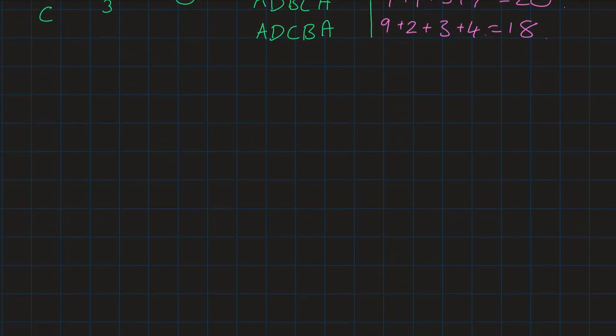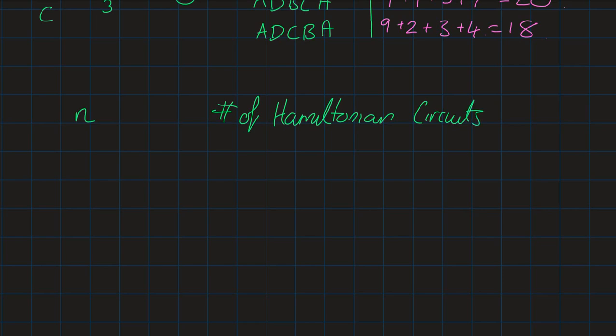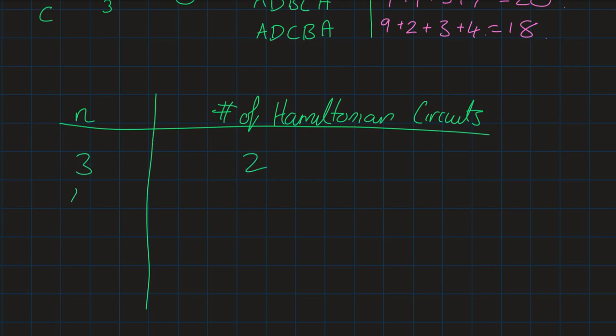So for example, if I draw a table like n and number of Hamiltonian circuits, well, when n is 3, there's only 2, so that's easy. When n is 4, there's 6, that's what we just did above.